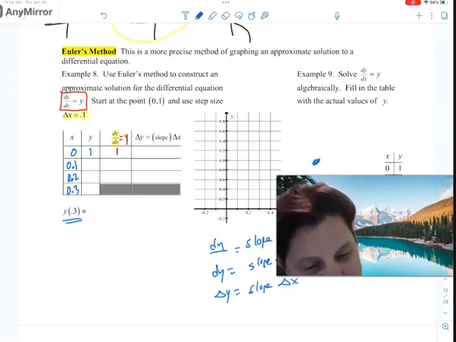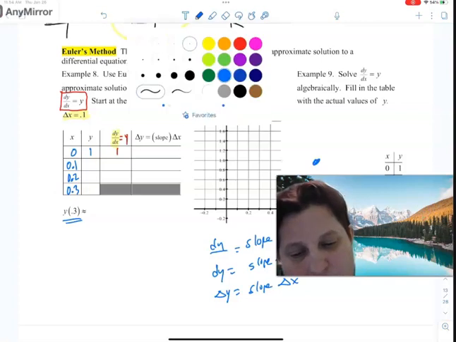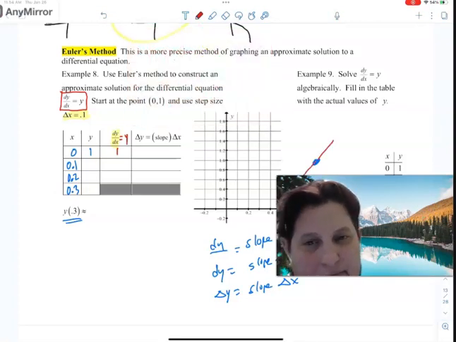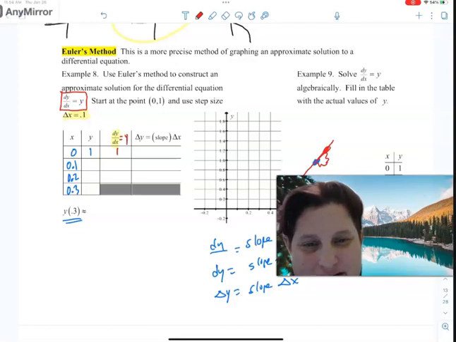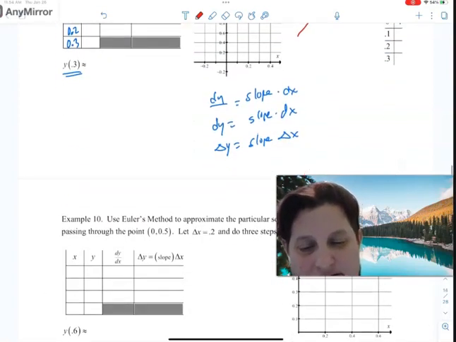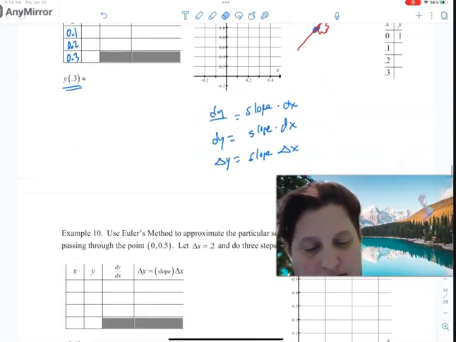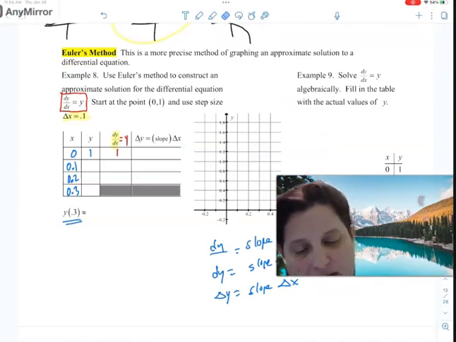Because let's say I have a point right here, and I know what the slope is. If I go over x and up y, that's my slope, and that's my new point. dy dx is the slope, so the change in y is the slope times the change in x. So you go like this.